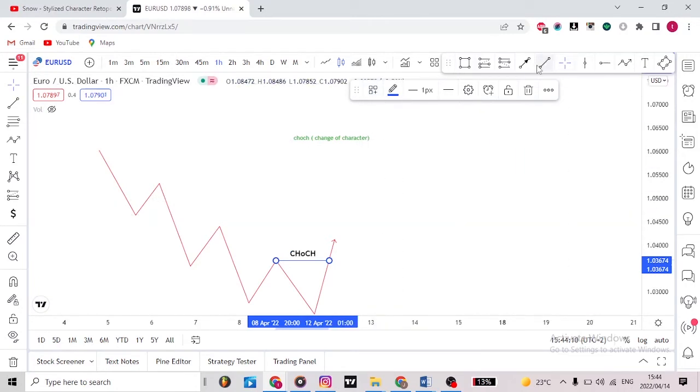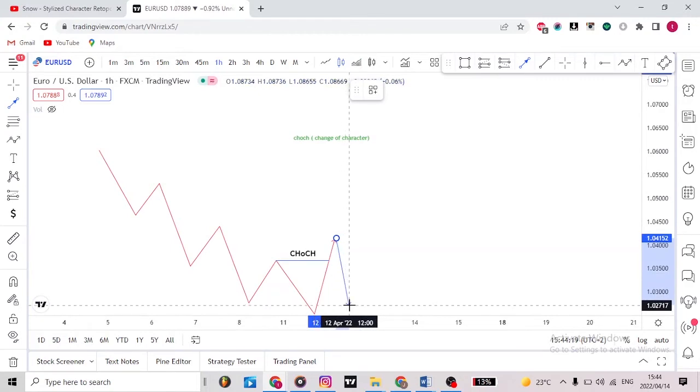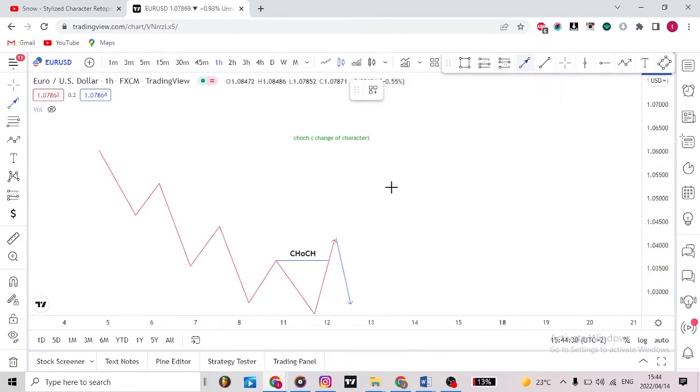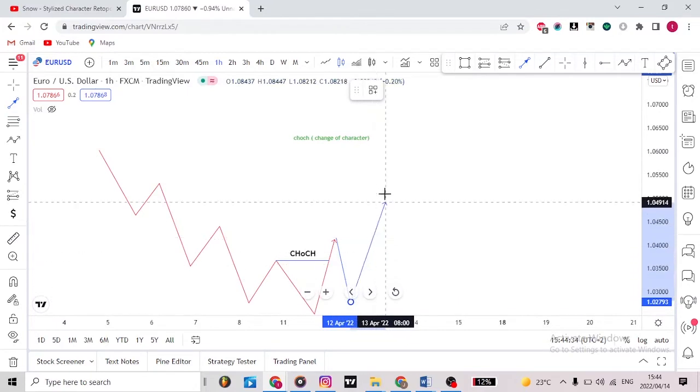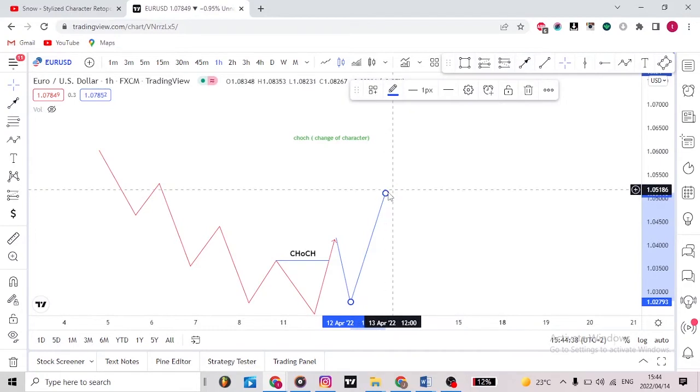So normally what we expect the market to do after is to retrace back into a point of interest. This can be either a breaker block or an order block. So it retraces back into this point of interest, and then the market should continue breaking the previous high, forming higher highs and then higher lows.